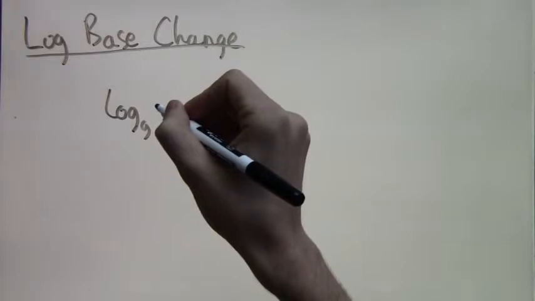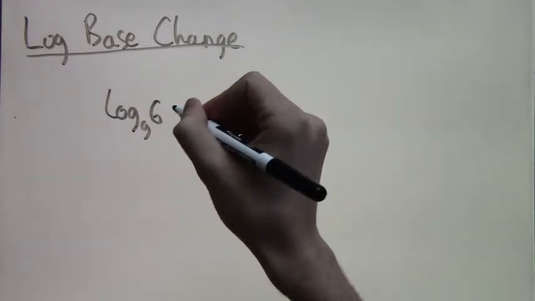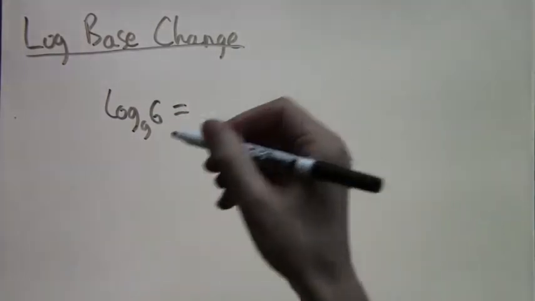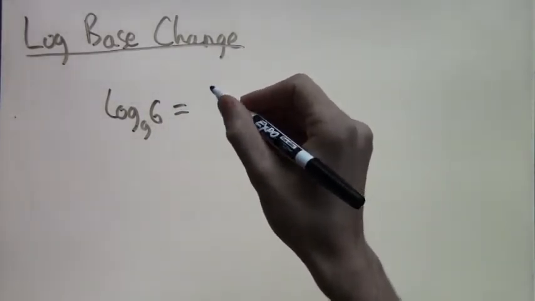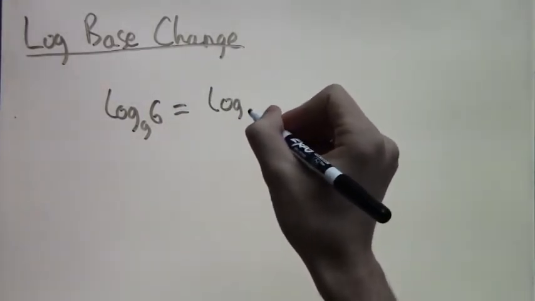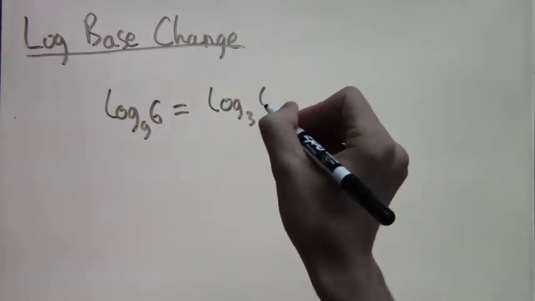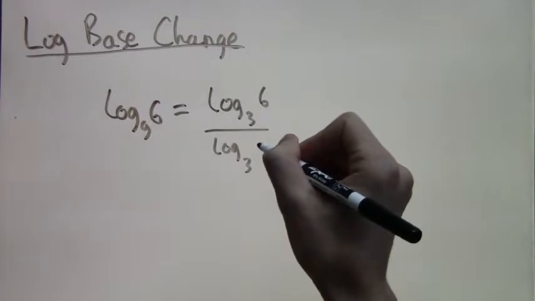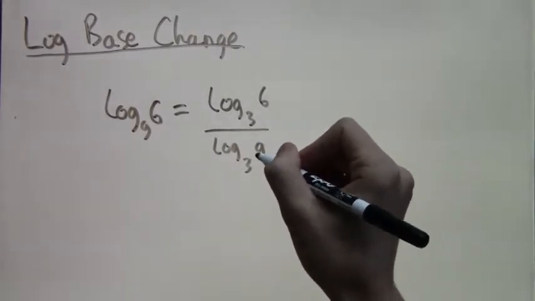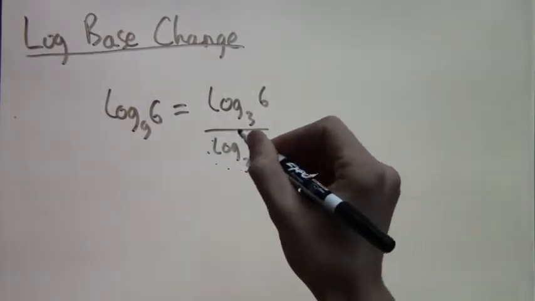Let's say you have log base 9 of 6, and we want to simplify it just a little bit. Well, let's simplify it by making the base 3 instead of 9. So this would be log base 3 of 6, because that's what we were taking the log of earlier.